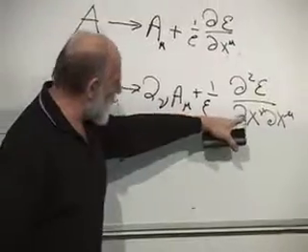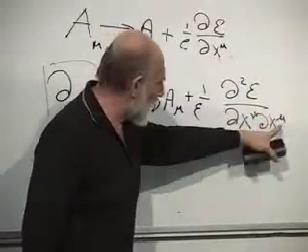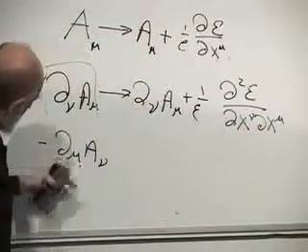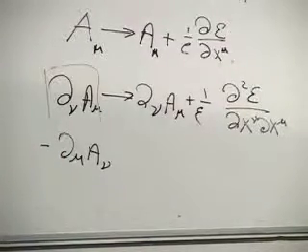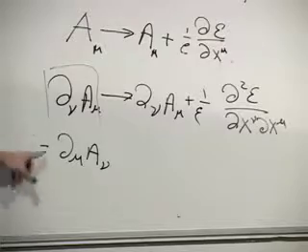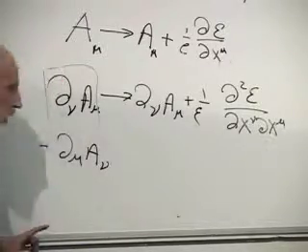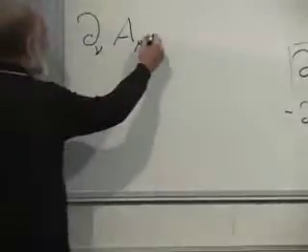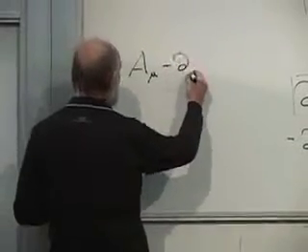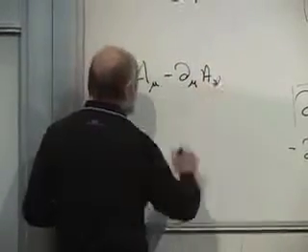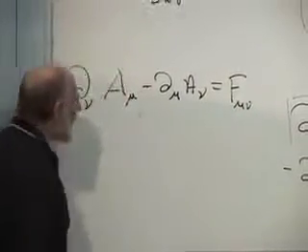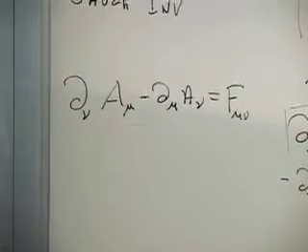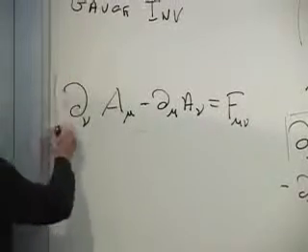Why? Because this term is symmetric when I interchange mu and nu. And so when I subtract the same object with the opposite ordering of mu and nu, this term will cancel. And the result is that this object, d nu A mu minus d mu A nu, which is called F mu nu, that's gauge invariant. It will not change when you do a gauge transformation.